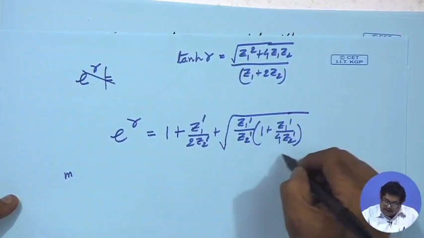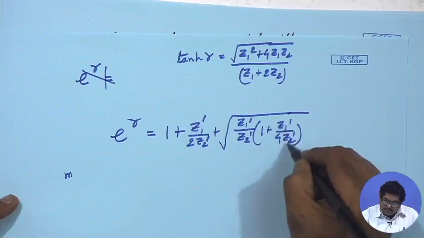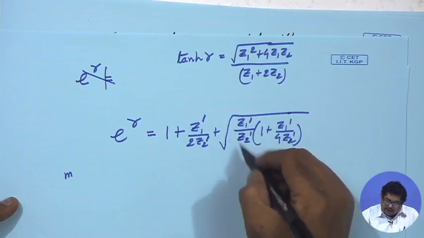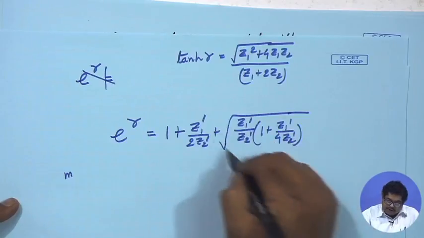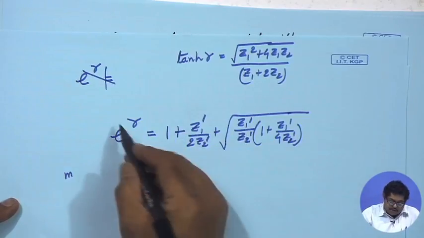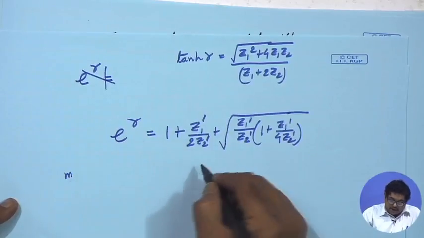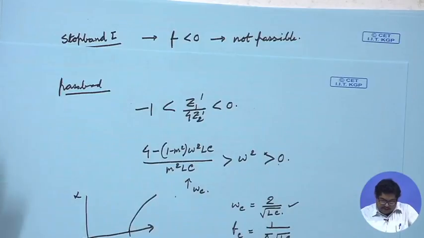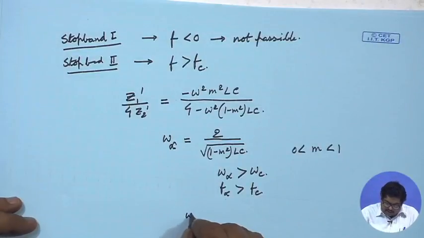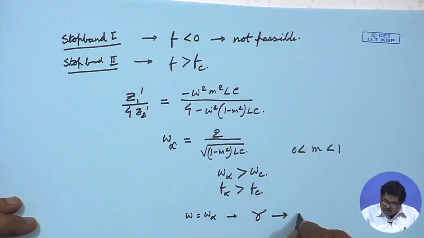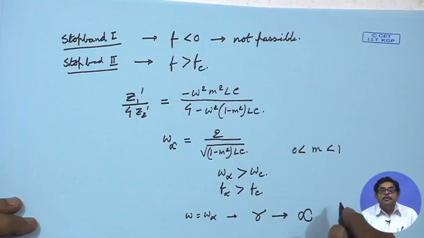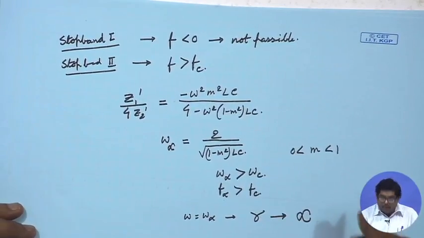Now, here this term is going to infinity. Obviously, at that point this term will also be high. So, you see this is infinity, then this is also infinity. So, the whole thing is infinity. So, can I say that at omega equal to omega infinity, my gamma goes to infinity. So, gamma is very high. Now, what is gamma?